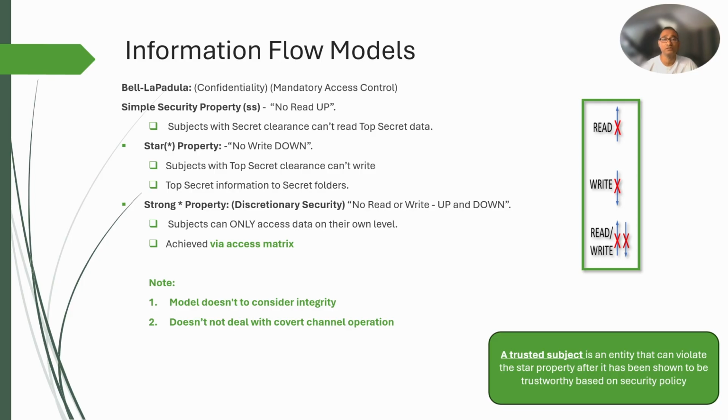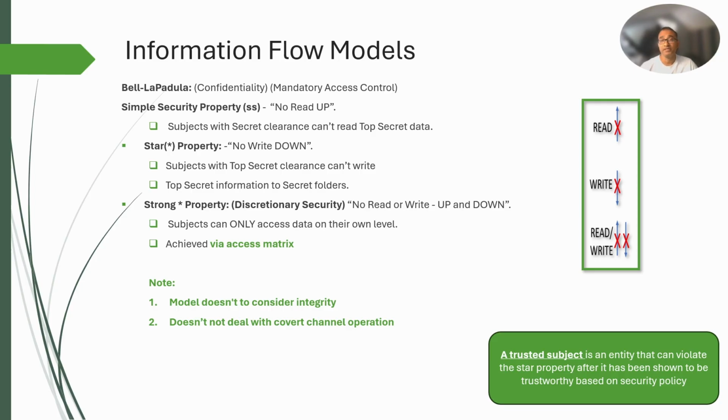It is important to note that this model does not consider integrity as an aspect to protect, and it also doesn't cover covert channel operations, for example, bypassing the security clearance and then reading something. That will not be protected by this model.